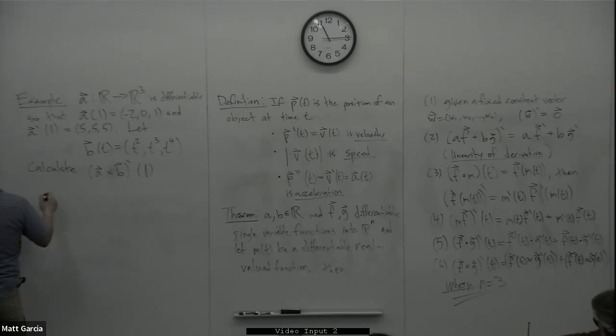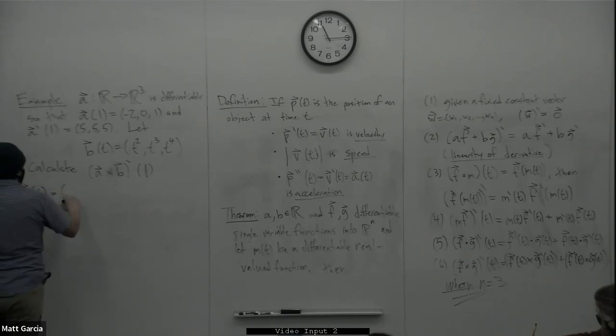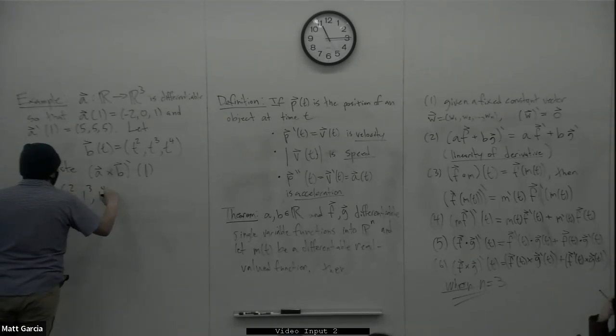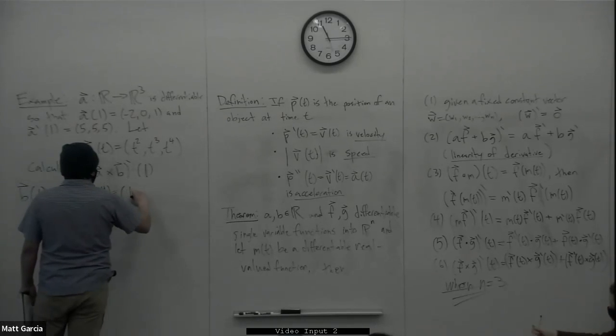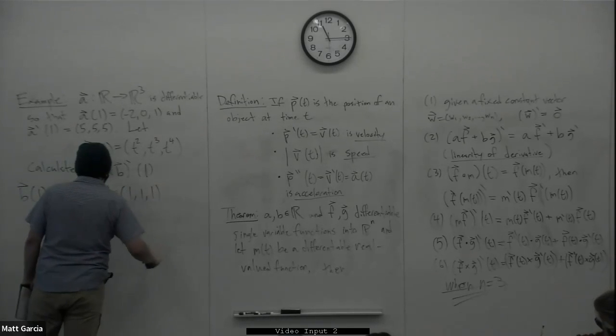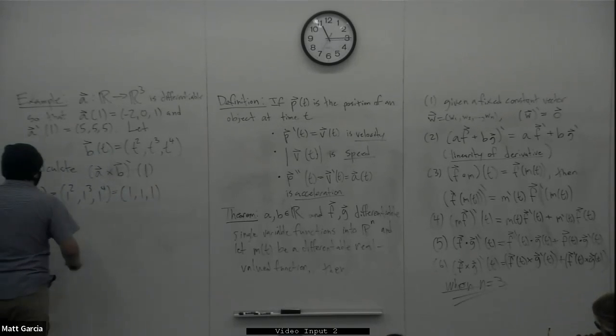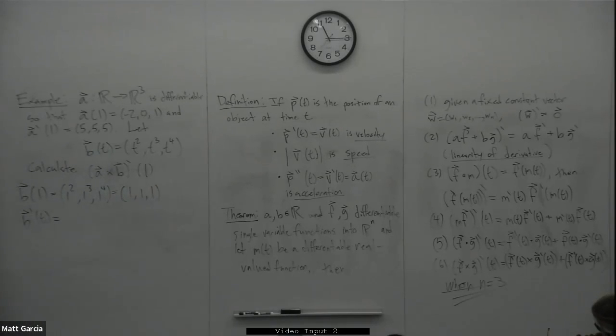So b hat evaluated at 1 is 1 squared, 1 cubed, 1 to the 4th, i.e. 1, 1, 1. Then let's calculate b hat prime of t. What's the derivative of b hat?